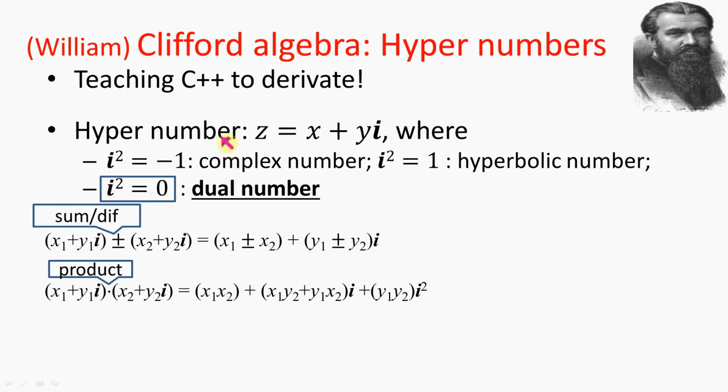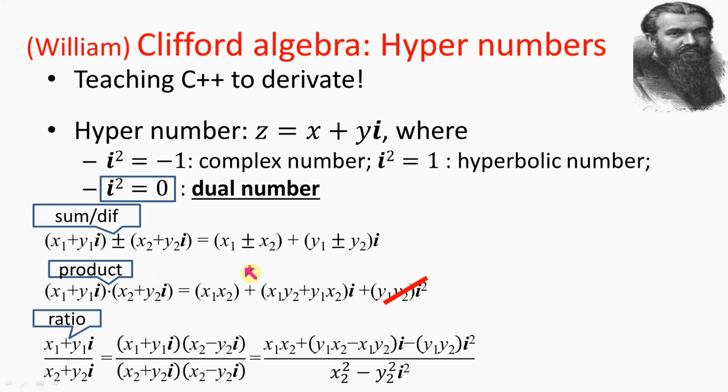And in that case, the hypernumber is called the dual number. So i is an imaginary number, it's not a real, so it's definitely not 0, but when we compute the square of this imaginary number, the result will be 0. So using the assumption that i square is equal to 0, this last part disappears from the formula of the product. So far we have addition, subtraction and multiplication.